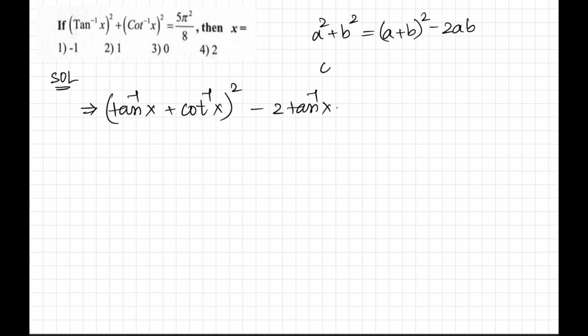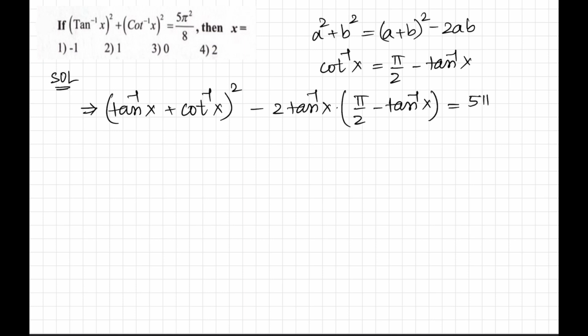Now also we know cot inverse of x can be written as pi by 2 minus tan inverse of x. So this can here be written as pi by 2 minus tan inverse of x, and this is equal to 5 pi squared over 8.